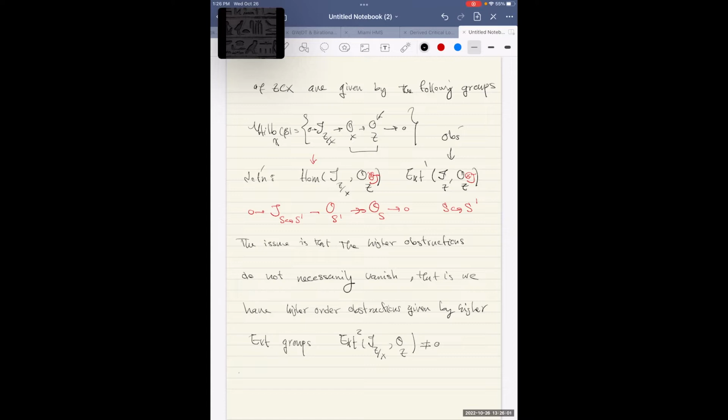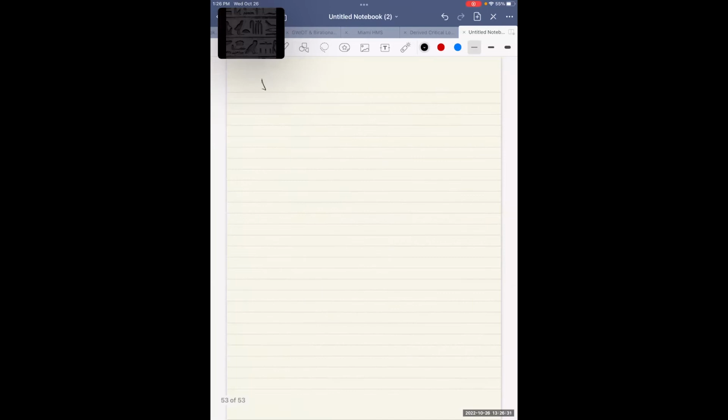Hence, there doesn't exist a well-defined deformation obstruction theory for the Hilbert scheme. And no well-defined expected dimension, and no virtual class.